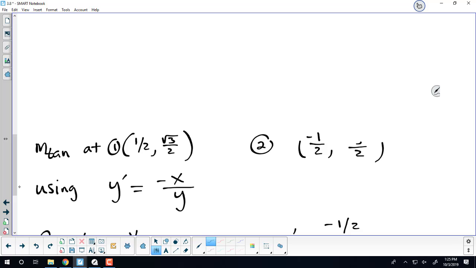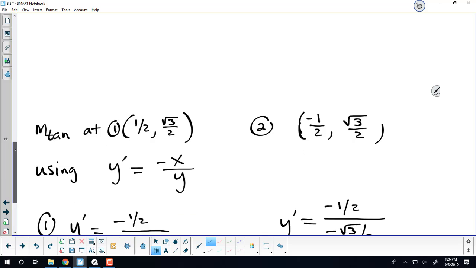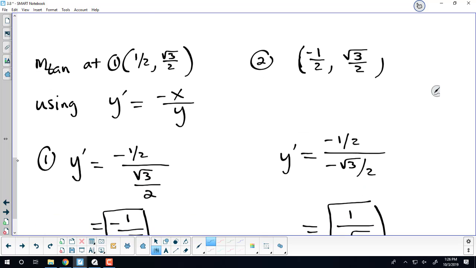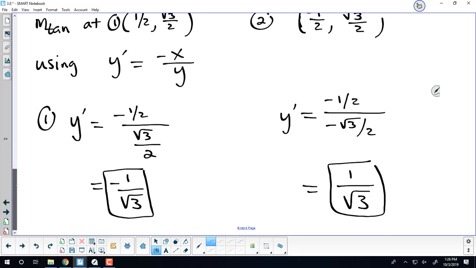We'll do negative 1/2, root 3 over 2. So looking at 2 points on the unit circle, using our derivative negative x over y, we can come up with the slopes at each of those points.